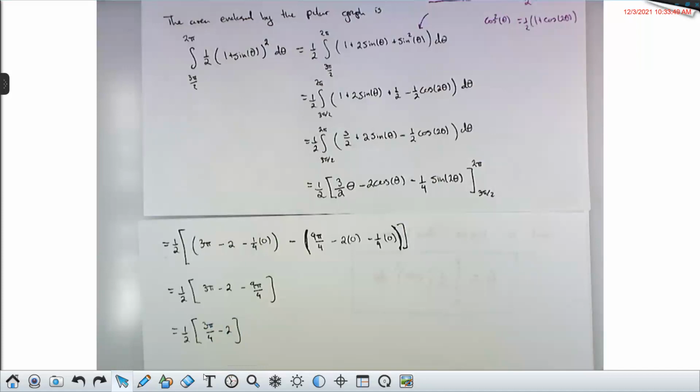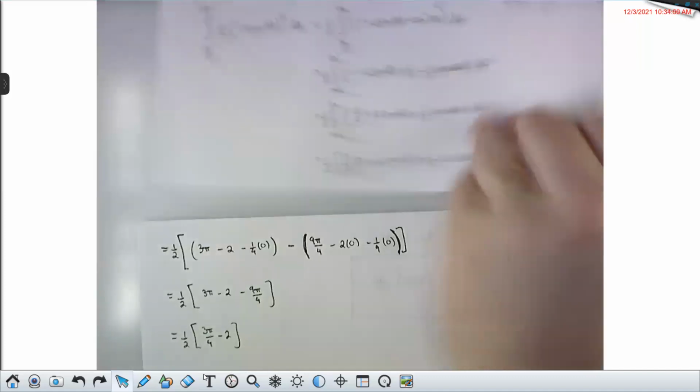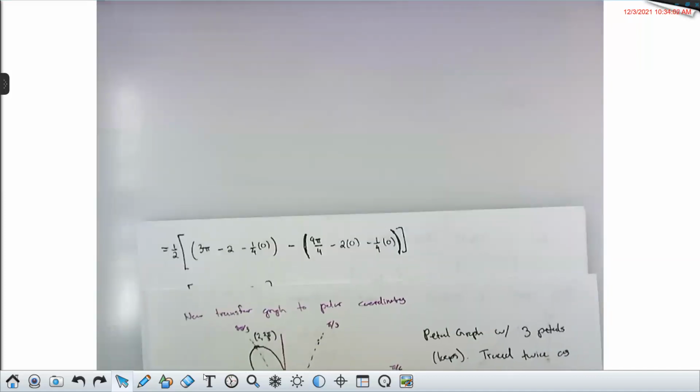Let's look at our petal graph. Maybe just for fun, let's graph one more petal graph. Let's do something fresh. That last one, what did I do? Was it cosine of 3 theta? Yeah.